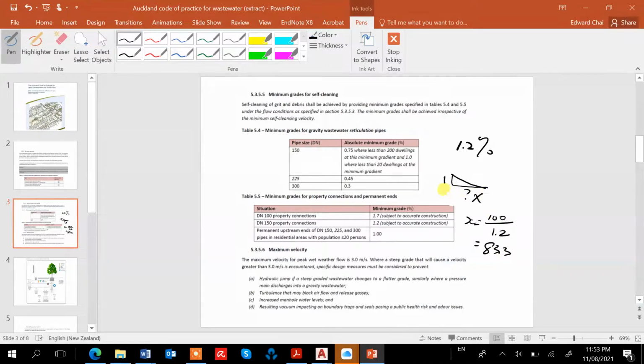So this is the slope. That means the slope of the sewer line is 1 to 83.3: one vertical and 83.3 horizontal.